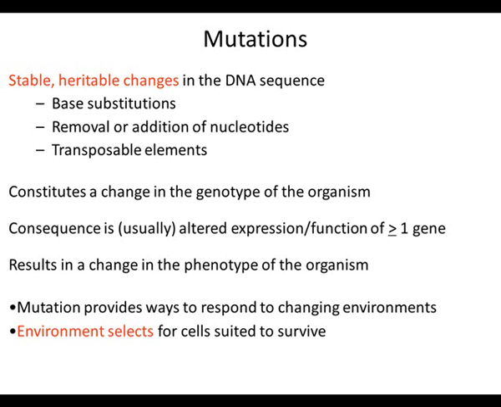Okay, so why are mutations occurring? It allows the organism to change, respond to its environment, and have organisms that can survive under different environmental conditions. So organisms try to avoid mutations by and large, but mutations do occur.